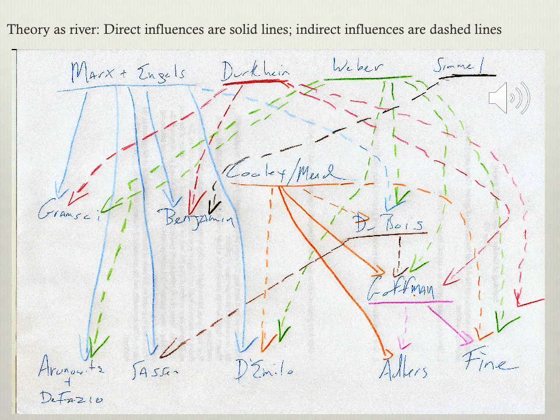Although you don't see anybody influencing Cooley and Mead, you see their influence directly on Goffman and the Adlers, but also indirectly on other American theorists such as D'Amelio, Du Bois, and Gary Alan Fine.